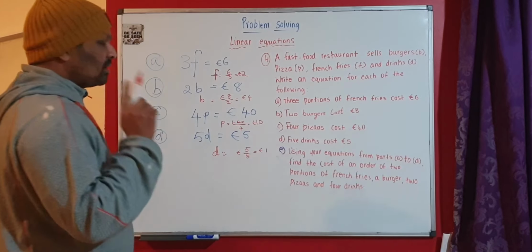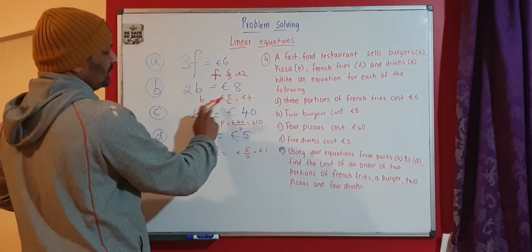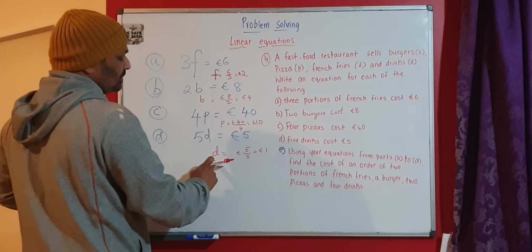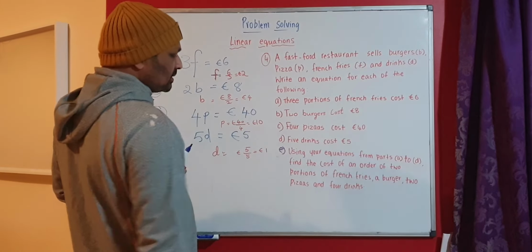Now you have the cost per item: French fries costing €2, burger costing €4, pizza costing €10, drink costing €1. What is the last question?